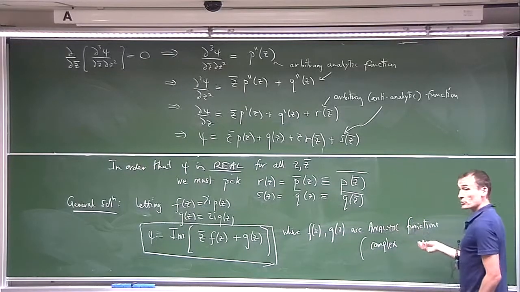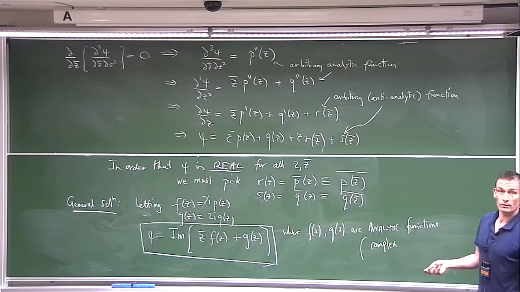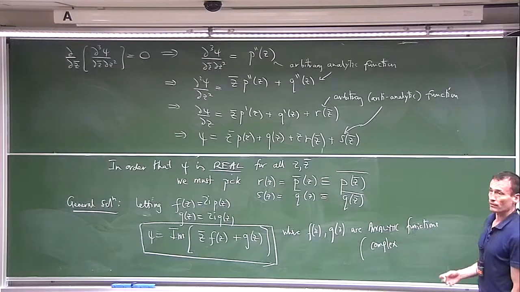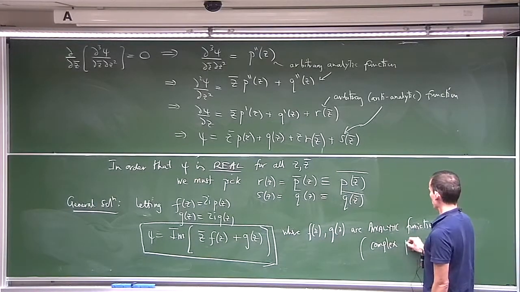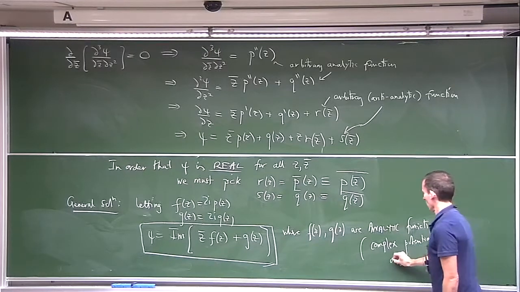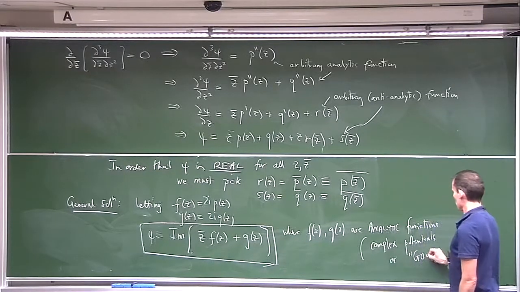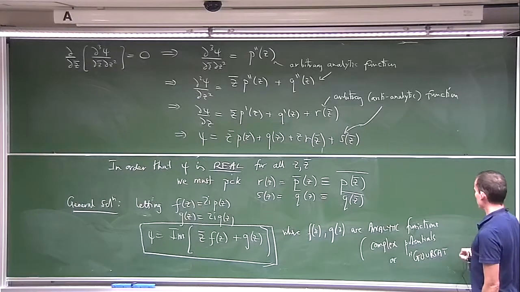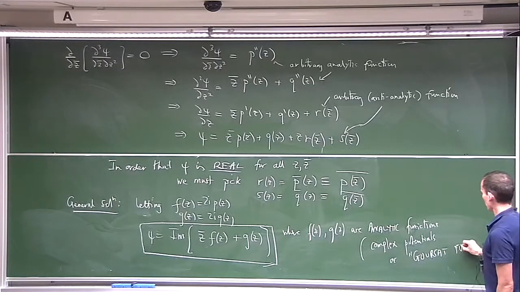F and G are the things we're going to be dealing with for the rest of the course. The rest of the course is all about how do you find F and G. So these are complex potentials, or as I mentioned on Tuesday, some people, from the plane elasticity literature, call these Goursat functions.